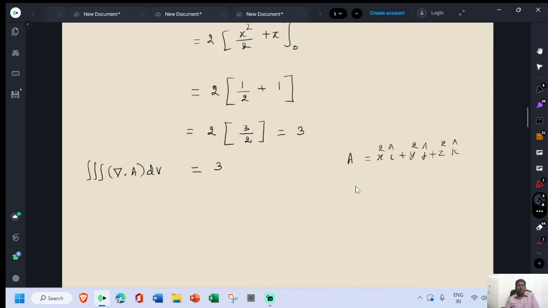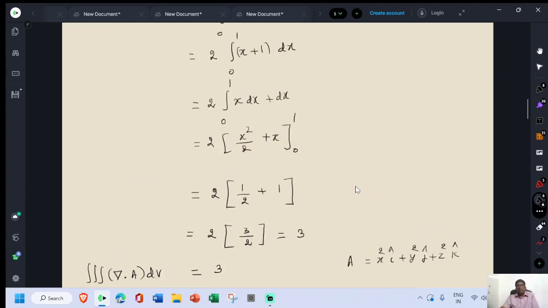Now we have to expect the same for the left hand side also. The left hand side is double integral of A dot ds. Now we have to prove that this surface integral value is also equal to 3.